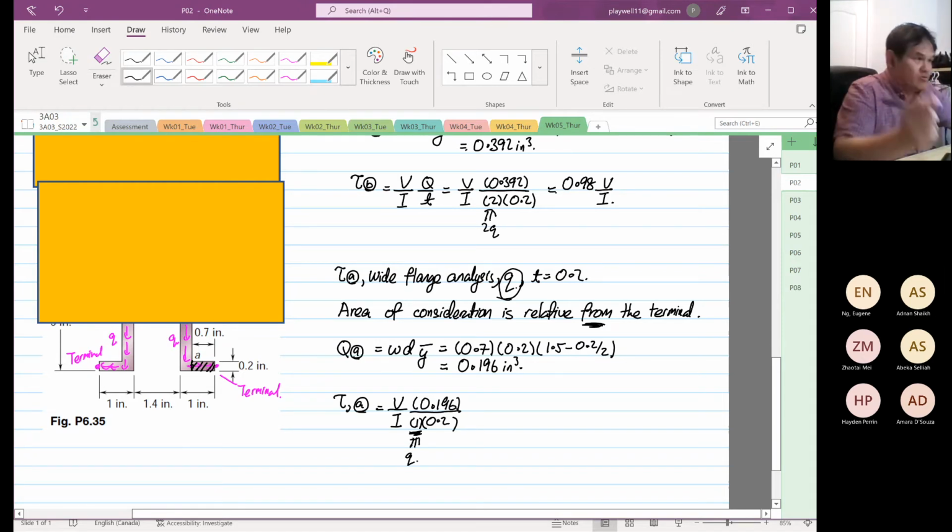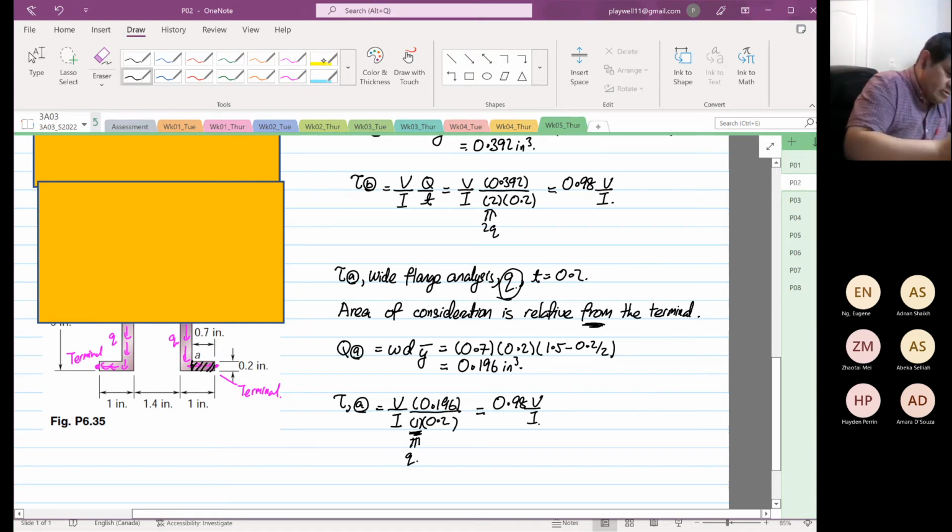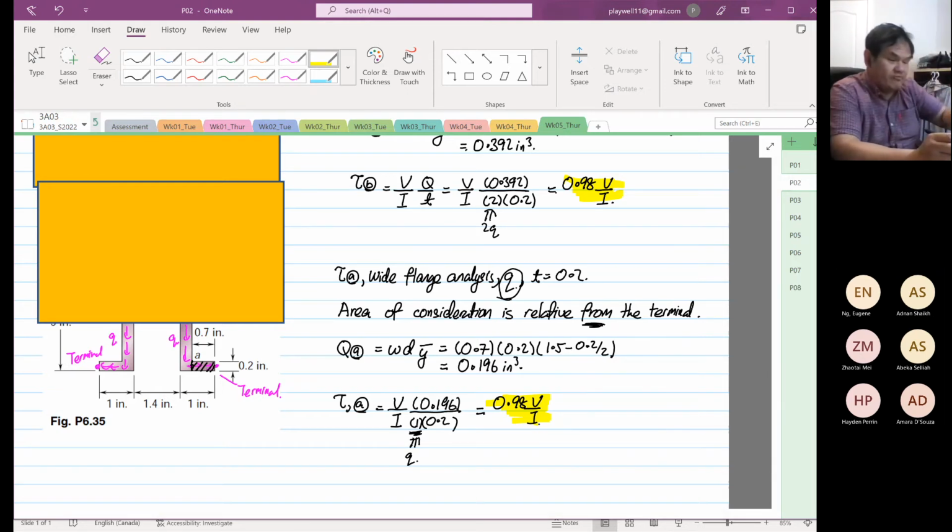In reality, you don't need to put 1 at all. I'm just teaching away. So this is equal to 0.196 divided by 0.2 is equal to 0.98. So what we realize, the shear stress at point B and the shear stress at point A are the same, right? If you look at the V over I ratio multiplied by 0.98, the coefficient at point A and at point B, they share the same coefficient. Both of them are 0.98.